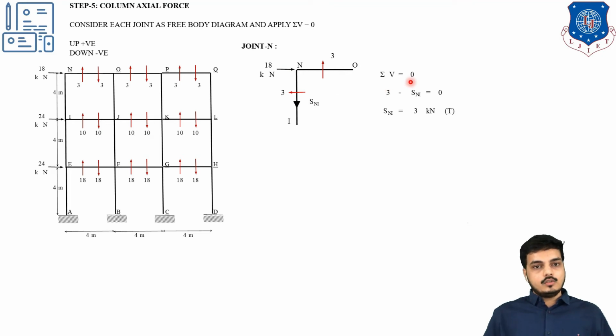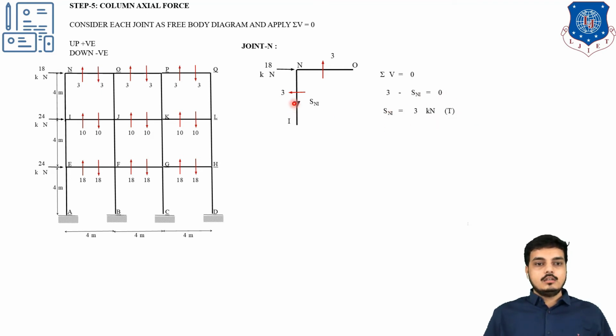So summation of V equals 0. 3 minus SNI equals 0. So 3 which is going upward direction, so positive, minus SNI which is going in downward direction. S is an axial force for particular column member NI equals 0. So SNI is coming out to be 3 kN in a tension zone.